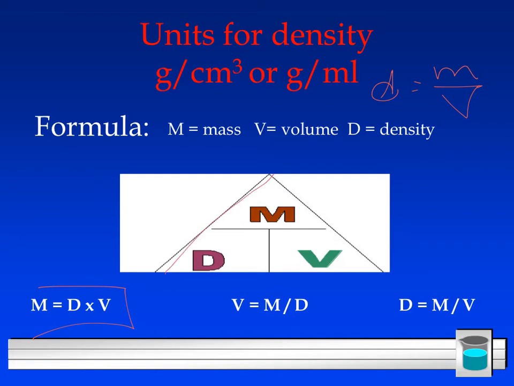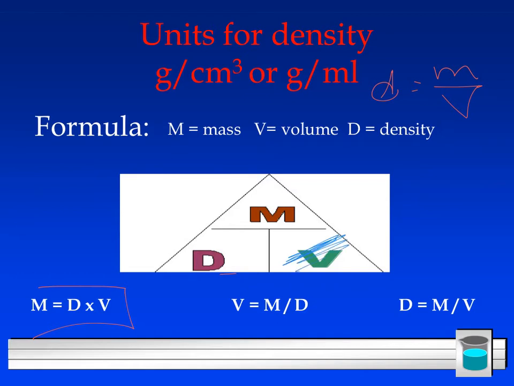So in this triangle, whatever you're trying to solve for, you cover up. Let's say I'm trying to solve for density. You put your finger over that part of the triangle, and density is mass divided by volume. Let's say that instead, I've been asked to rearrange the formula and solve for volume.